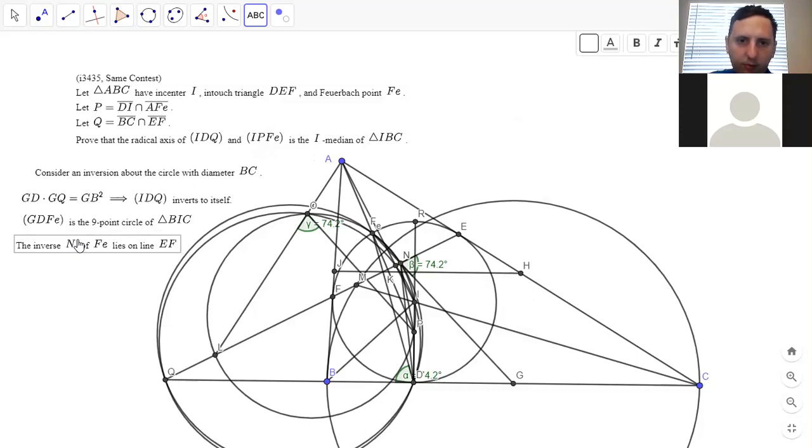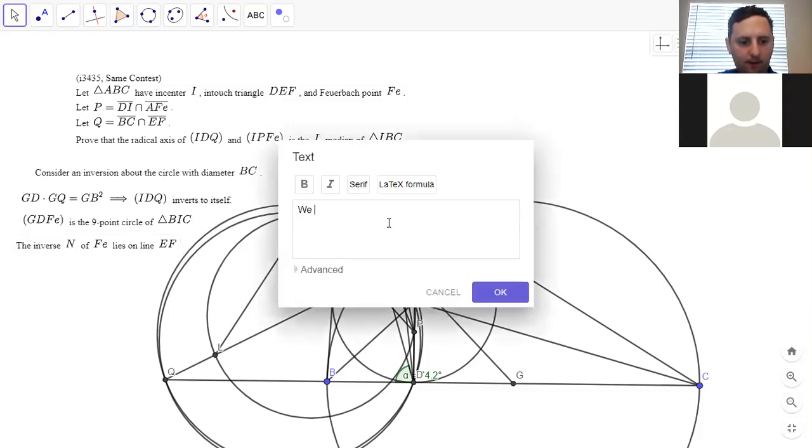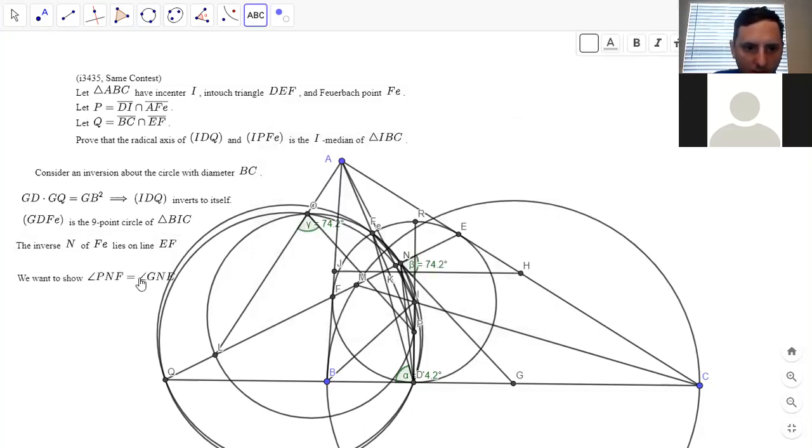We want to show PNF equals GNE. I think that's everything that we saw.